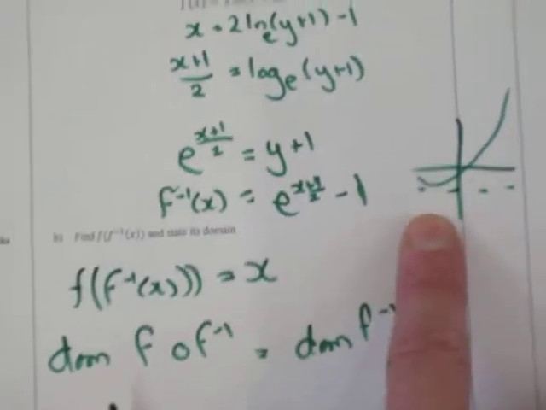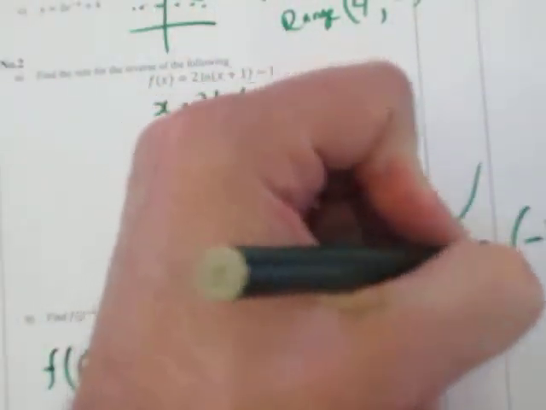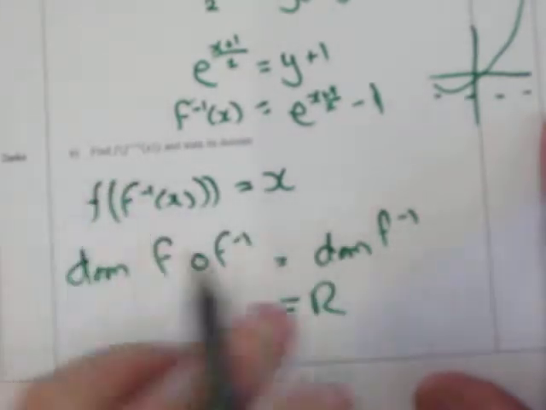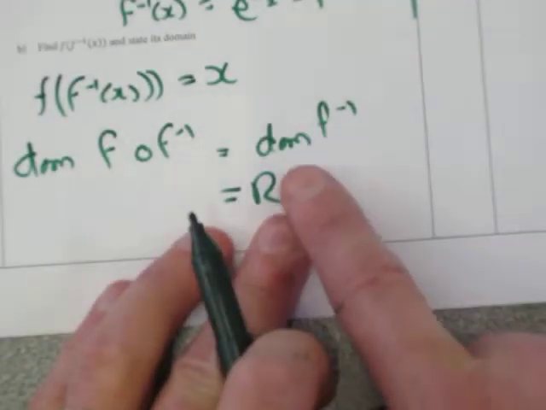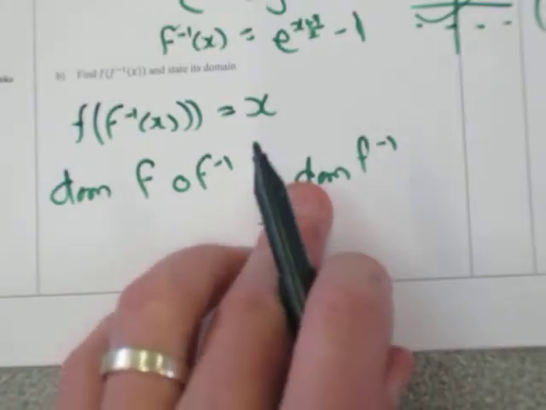I just know that the range of that function is going to be from -1 to infinity, not including -1. But I know that the domain of that function is going to be actually all real. So sorry about that, I didn't need the range. If you go back to the graph, you can just see that it exists for all real values. Therefore, the domain of the inverse is done. Okay, next question.